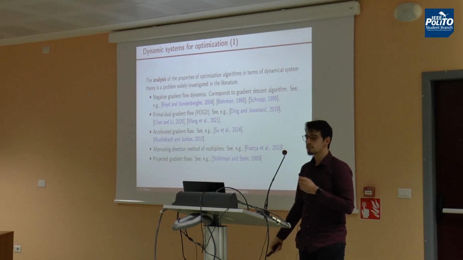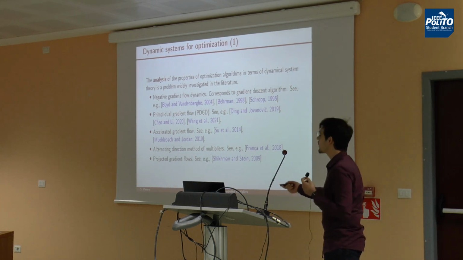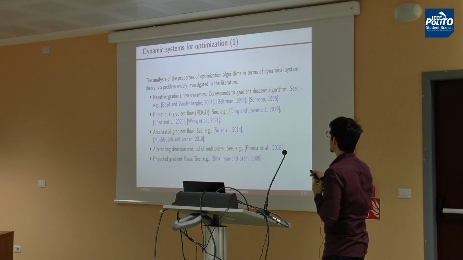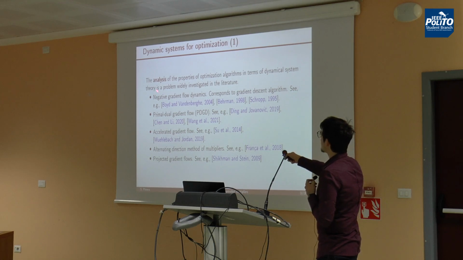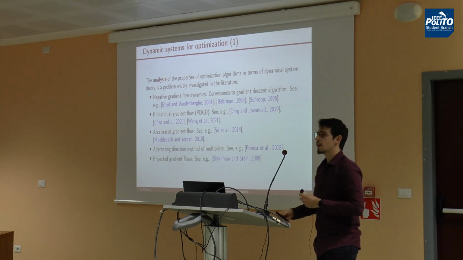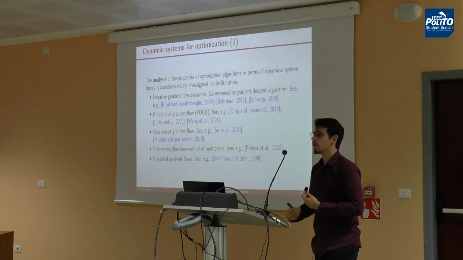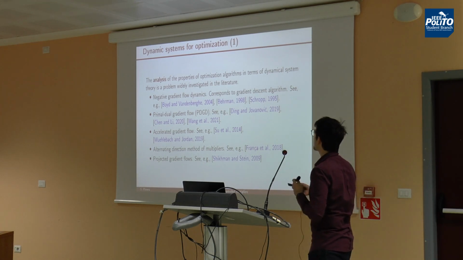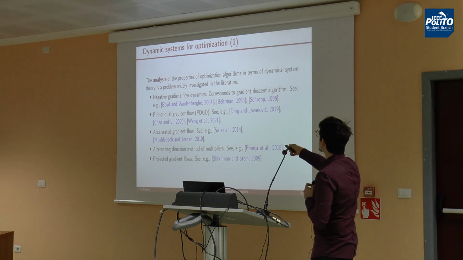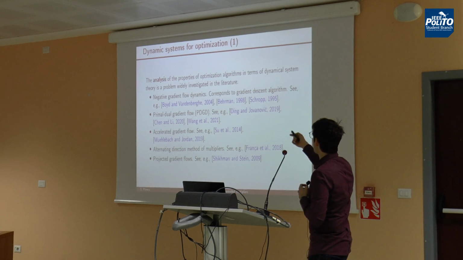And most of the works in the literature which address this relationship concern the analysis of the optimization algorithms using dynamical systems as a tool in order to study the properties of the latter. In particular, the most exemplar example is that of the negative gradient flow dynamics, which corresponds to the very well-known gradient descent algorithm.